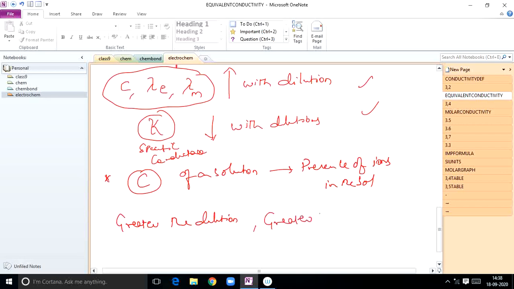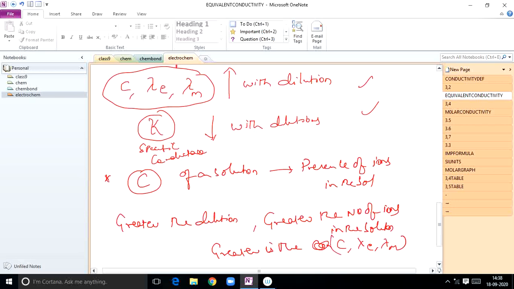As the dilution increases, the number of ions present in the solution should increase. Hence, greater is the conductance. Conductance means here conductance, lambda E, lambda M, all the three terms.